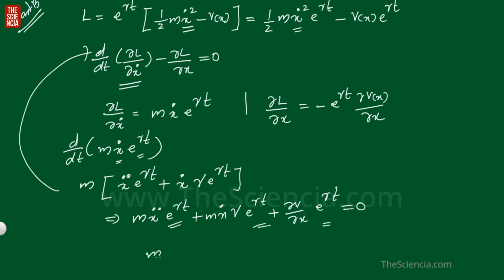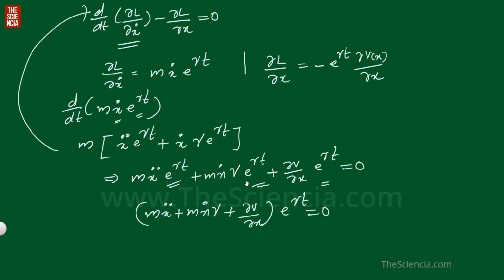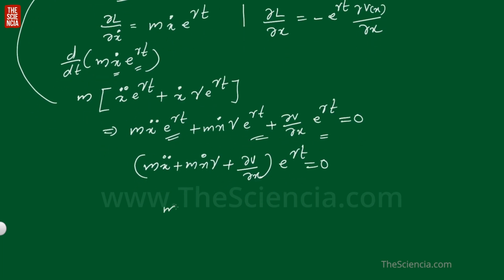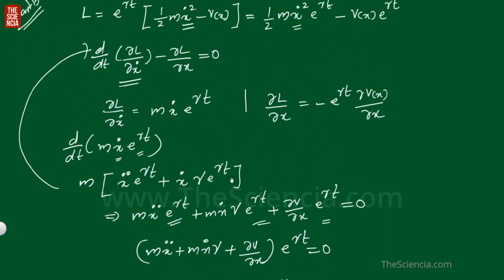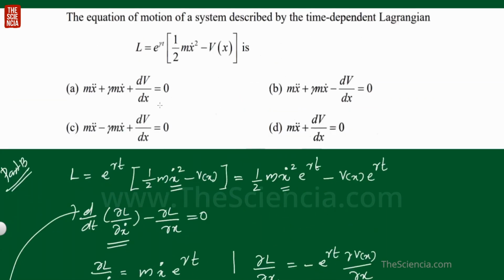So what we get is (m ẍ plus m ẋ γ plus ∂V/∂x) times e^(γt) equal to 0. So here m ẍ plus m ẋ γ plus ∂V/∂x equal to 0. So this is the answer. So option A is the right answer.